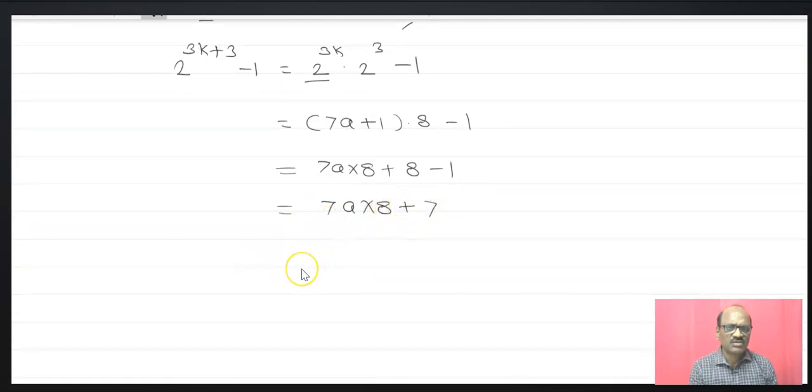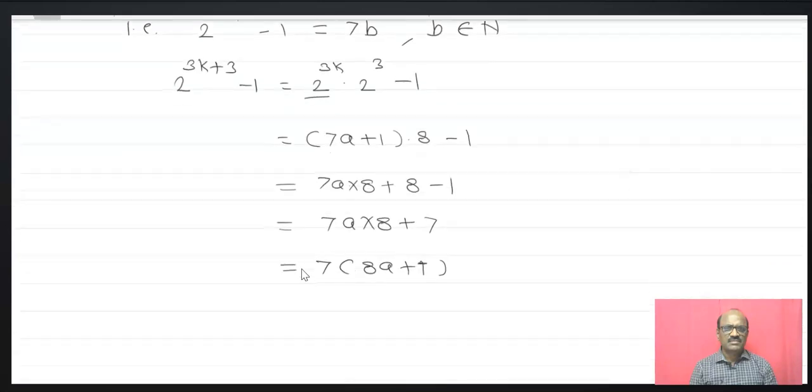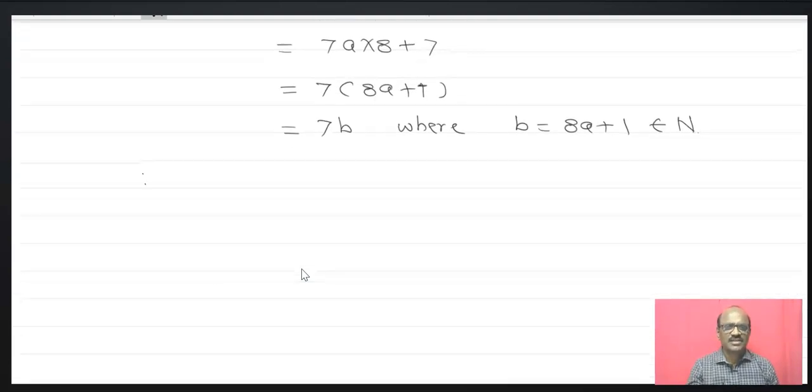Take 7 as common, and overall it is a multiple of 7. That is 7(8a+1), that is 7b, where b equals 8a plus 1, which belongs to the set of natural numbers, as we defined b in the previous step. Therefore P(k+1) is true.